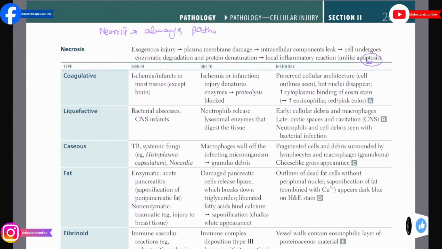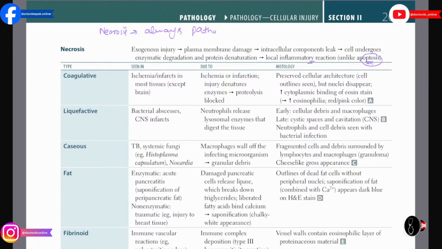Then necrosis always affects the adjacent cells or adjacent tissue. Like I mentioned here, when the plasma membrane gets damaged, the intracellular enzymes will come outside, and they will lead to degradation and protein denaturation, which will lead to a surrounding inflammatory reaction. But in apoptosis, there is no adjacent cell inflammation.